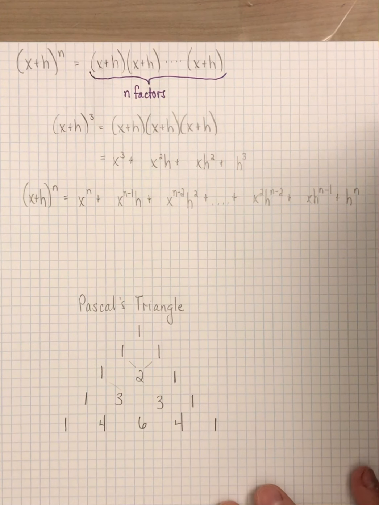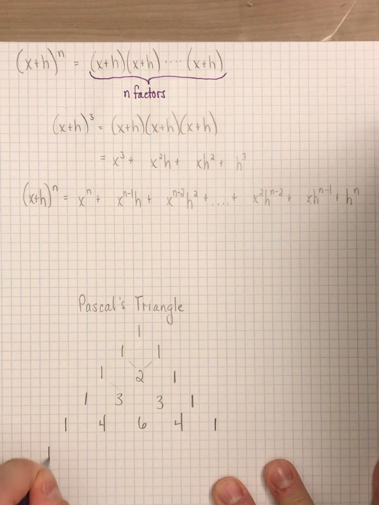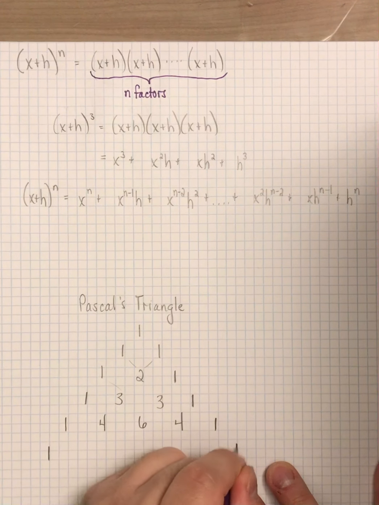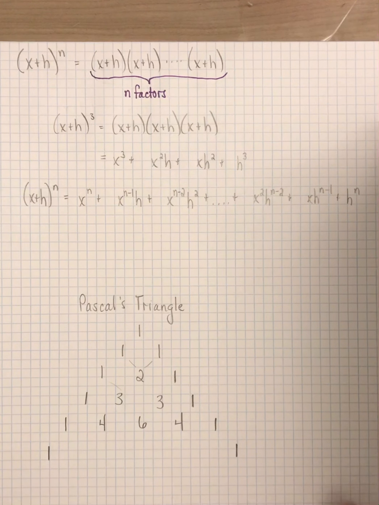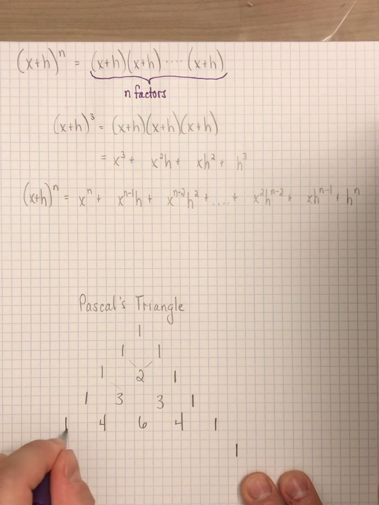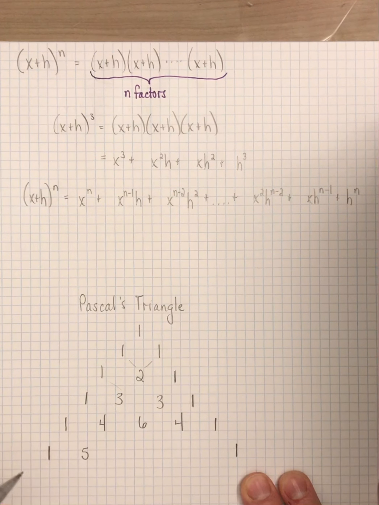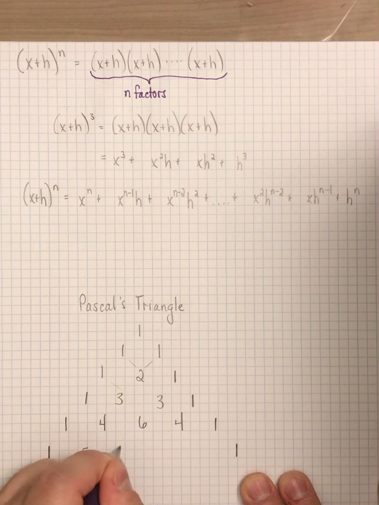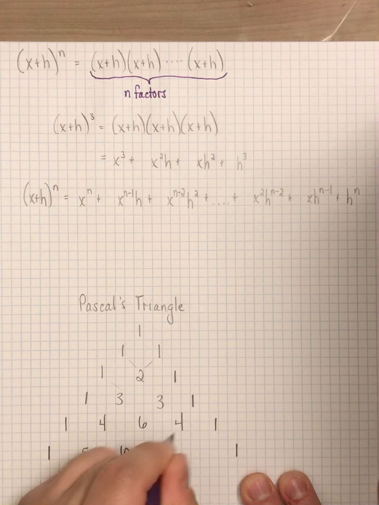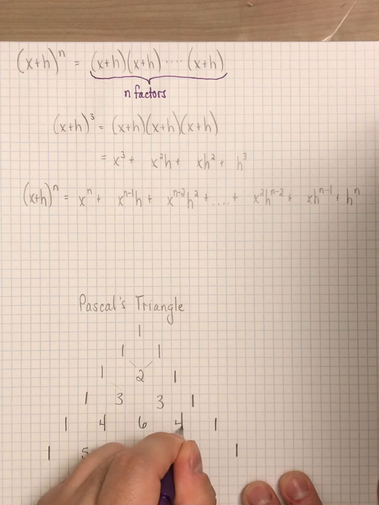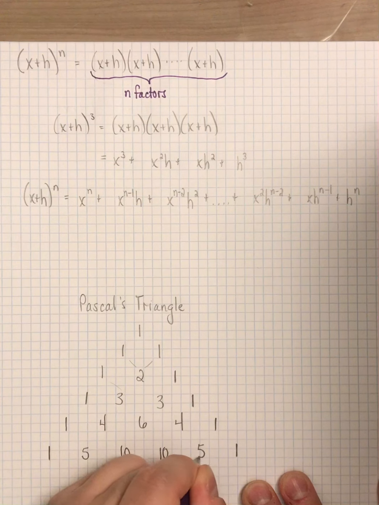Again, very symmetrical, which I hope should make sense, just the very nature of this. We'll do one more here just to get the feel for it down. Again, 1s on the outer edges, and then 1 plus 4 is 5, 4 plus 6 is 10, 6 plus 4 also 10, and 4 plus 1 is 5 again.